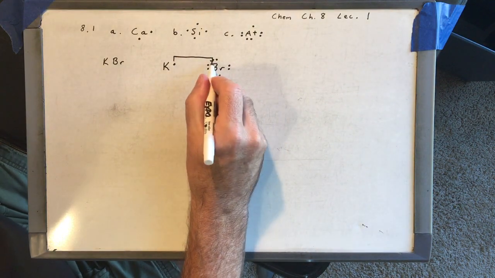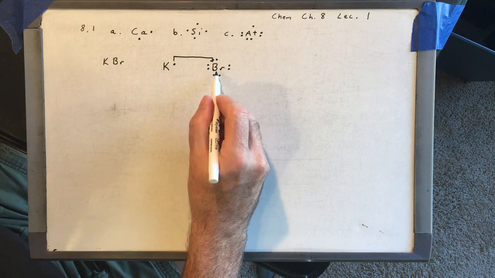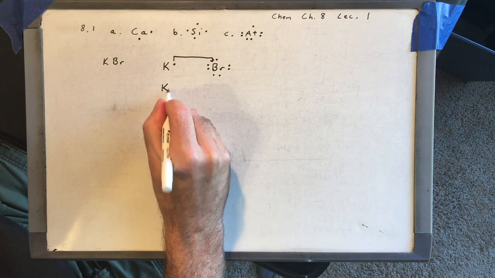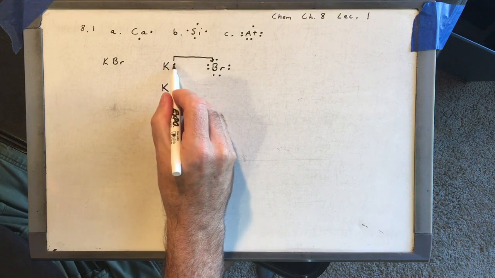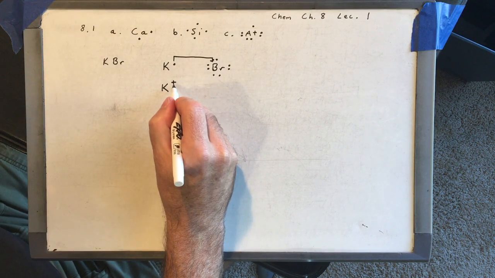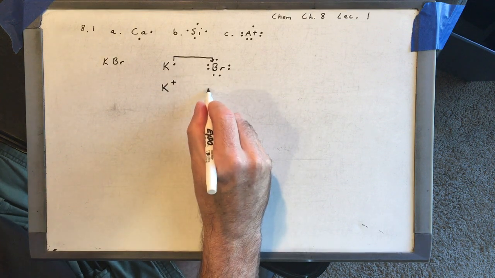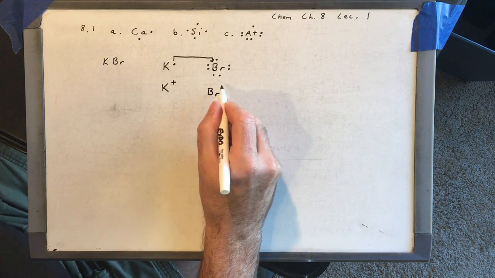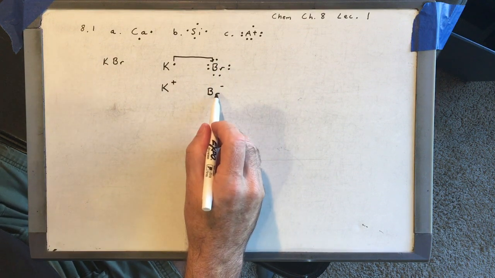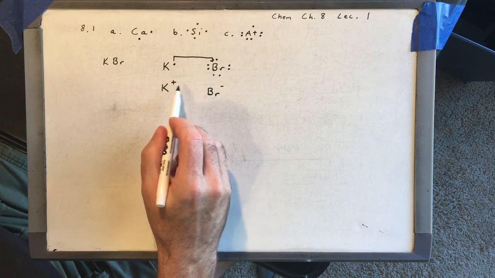So potassium loses an electron. Bromine has an open slot to gain an electron. What that means is if you lose a negative charge, potassium becomes positive, a +1 charge. And bromine gained a negative charge, so suddenly it has overall a negative charge.